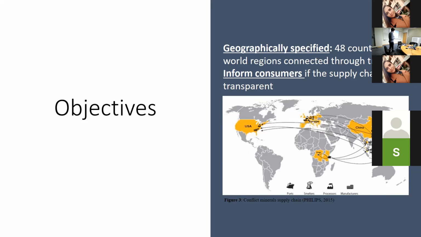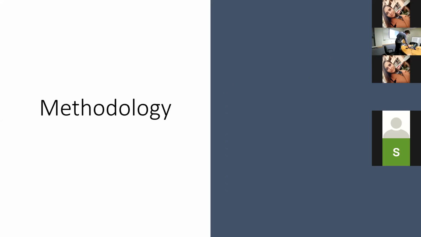Some of the regions are aggregated into bigger regions if there's not enough data from the regions. Described on a very high level in our input-output table. Well, what is the methodology?